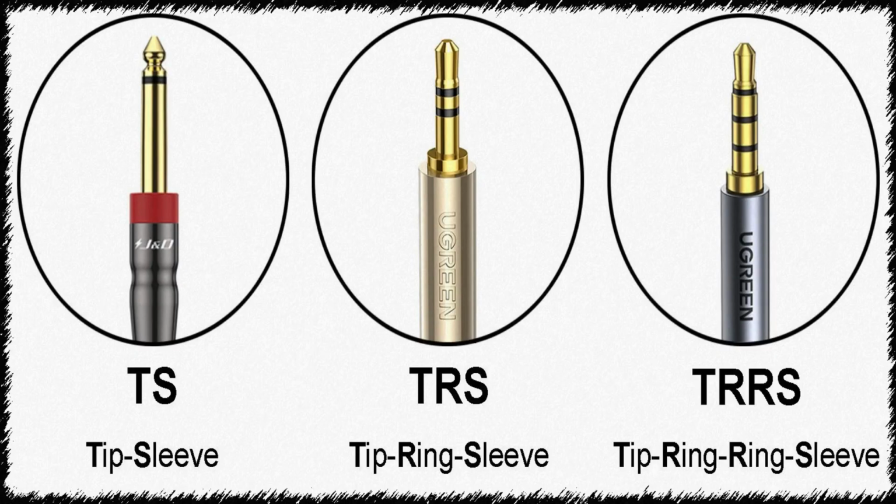These plugs, although they appear to be the same, are in fact three types. The first one is the TS. The second one is the TRS, that's the most common, like this one. And the last one is the TRRS. So what are the differences?